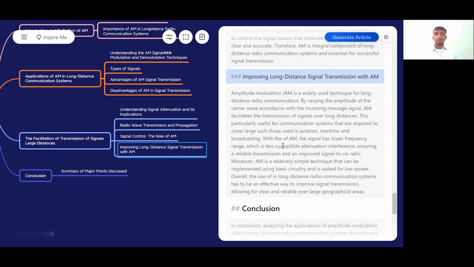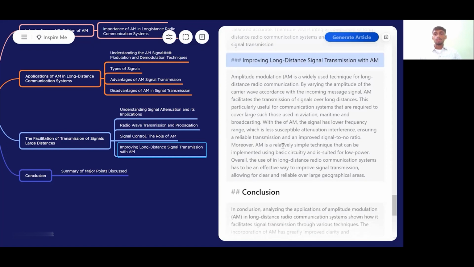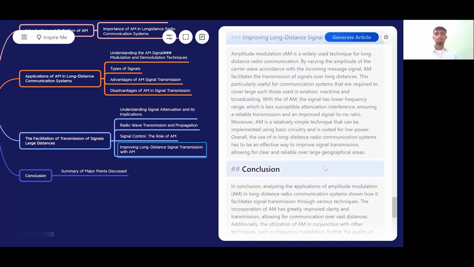Moreover, AM is a relatively simple technique that can be implemented using basic circuitry and is suited for low power. Overall, the use of AM in long distance radio communication systems is an effective way to improve signal transmission, allowing for clarity and reliability over long geographical areas.